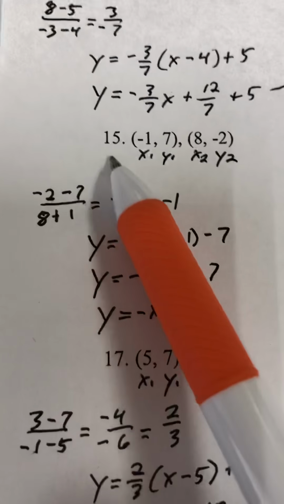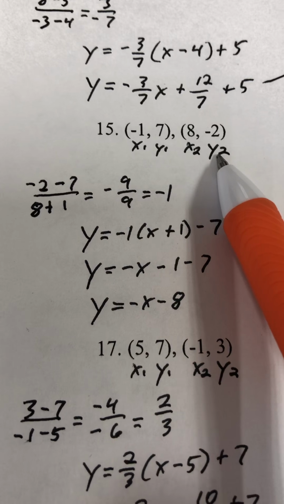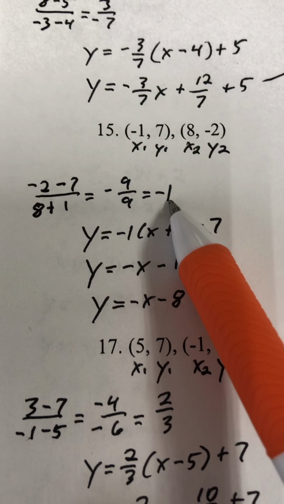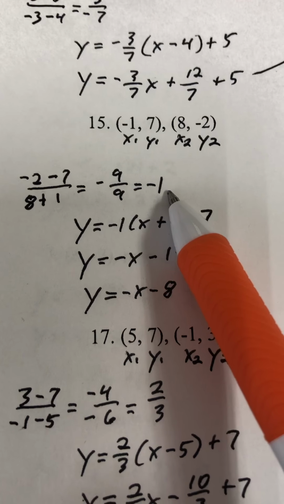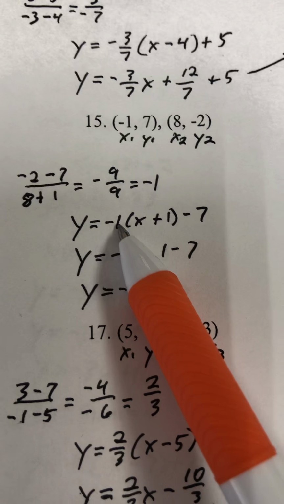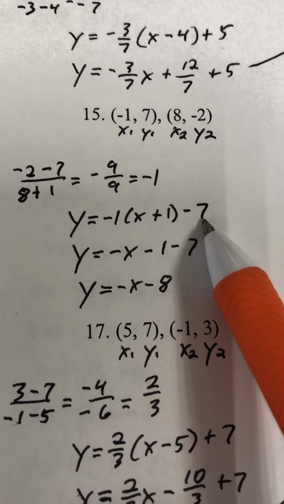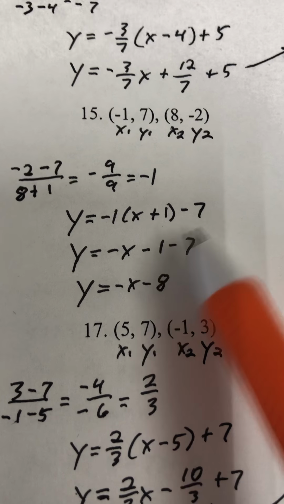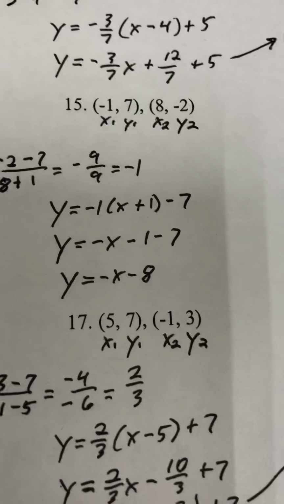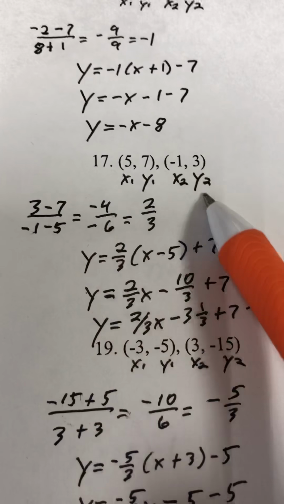Okay, 15, label them. Use the slope formula. You'll get negative 1. Plug in your slope. Plug in your x1 and your y1, and go ahead and work it out. 17, label them.